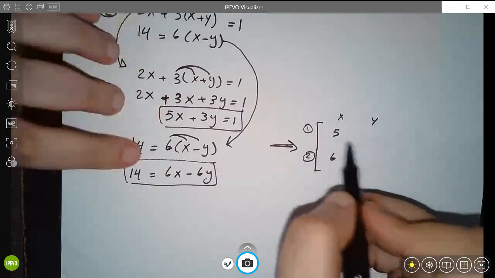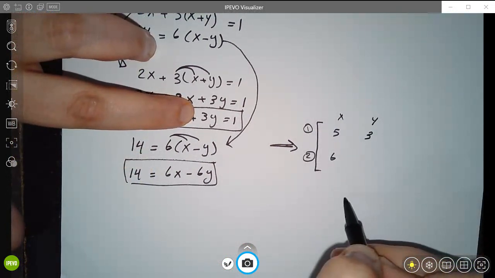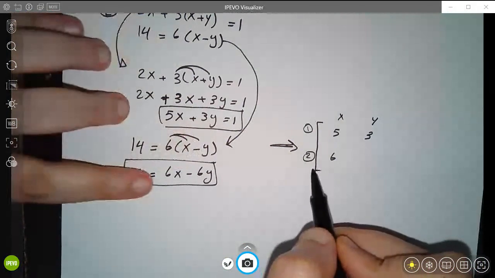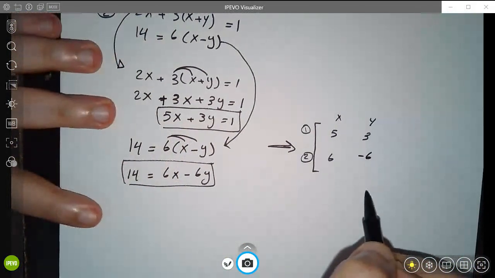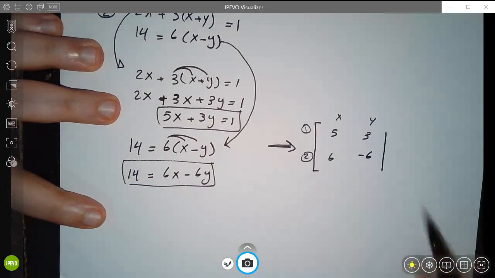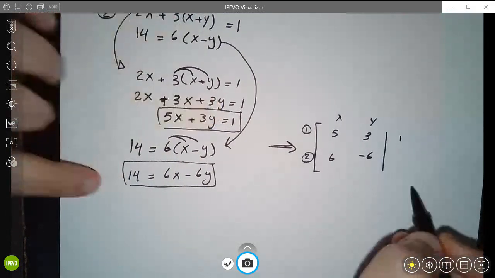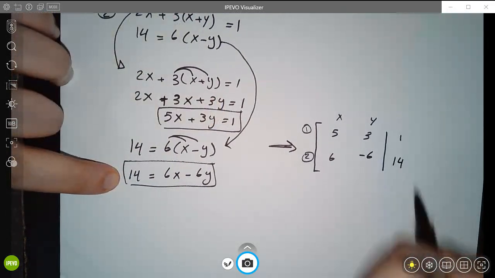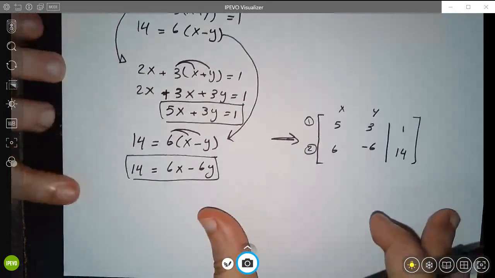Now, for the y, equation number 1, for the y, we have a 3. So we put in a 3. For equation number 2, we have a negative 6. So we put in a negative 6. Now we write the answers, 1 and 14. And then you close the matrix.